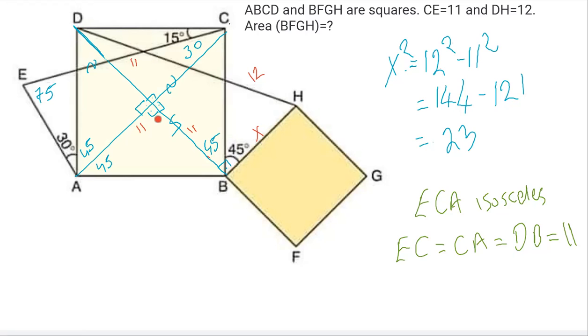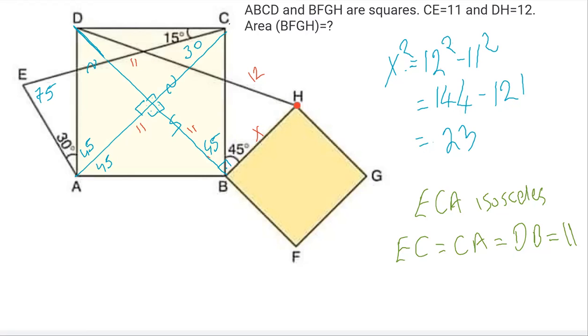Do you see this right triangle? Why is it right? Because this is 45, this is 45, together this is 90 degrees. Now the question asks the area of BFGH. The area of this square is one side times the other side.